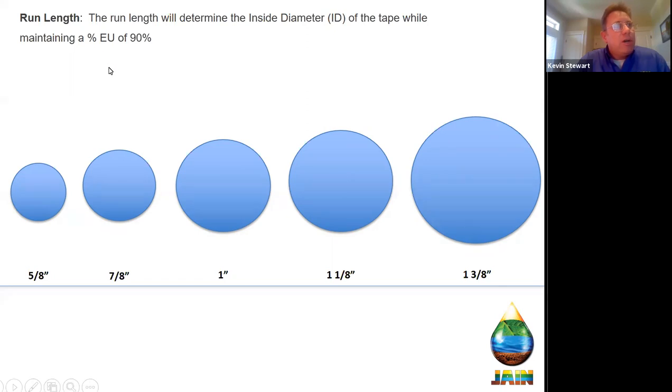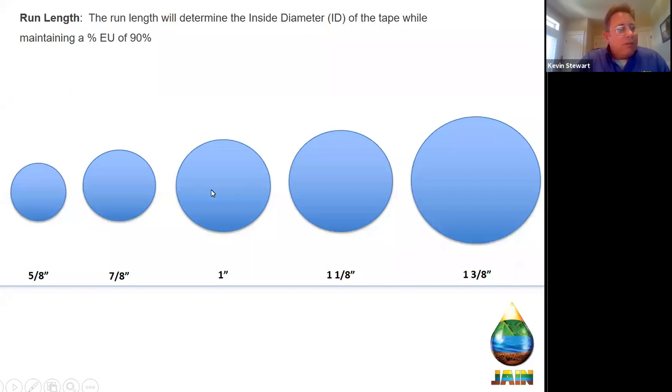But the goal is that you want to be at least at 90% emission uniformity, so again, with 5/8 you probably want to keep it to 700-800 feet. With the 7/8, you probably want to pick up around that 800 feet, and you can run that to maybe about 1,300 feet. Again, I'm using some averages, and it really depends on specific flows.